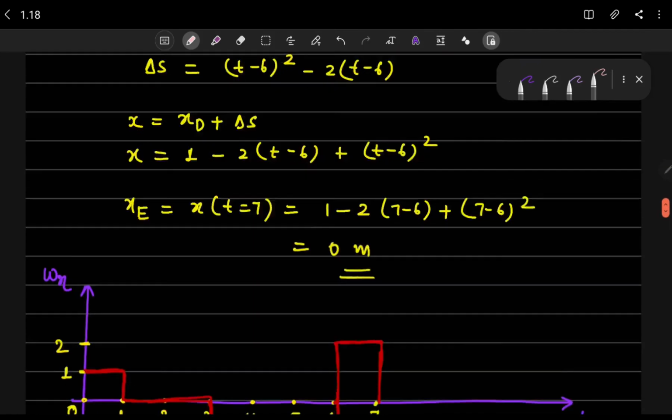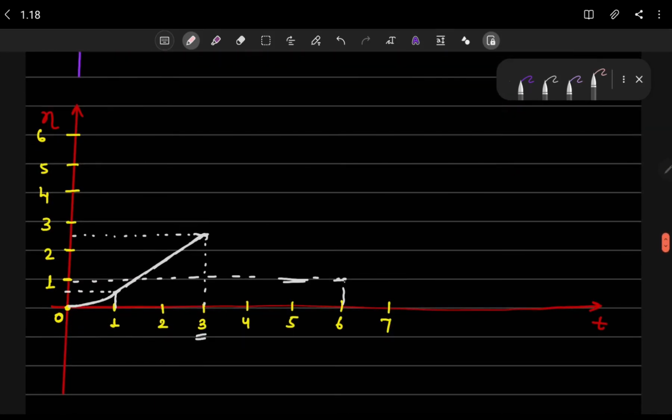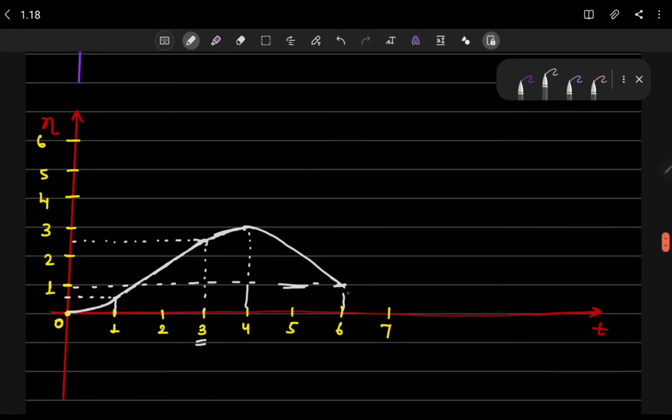Okay, so if we draw the graph here, at t is equal to 4 seconds, it will go to 3 meter, and then it will come back to 1, and at t is equal to 7 seconds, again it is a parabola and it is coming to 0. Okay, so this is the approximate graph we will get for the position.